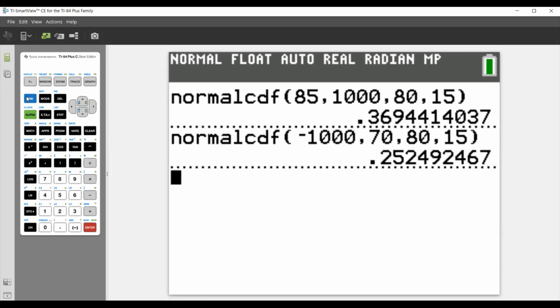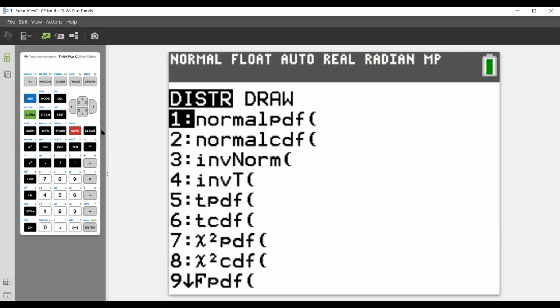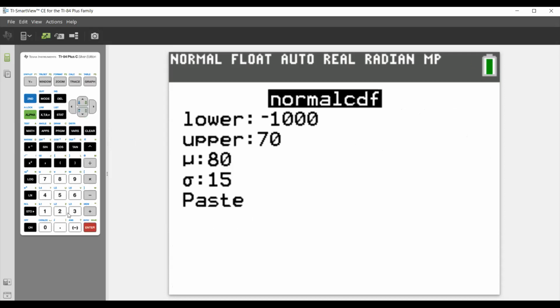Let's say we want to know the probability of somebody scoring between 90 and 65. Let's select somebody at random. What's the probability they score between those two test scores? Normal CDF. Well, between 90 and 65, 65 obviously is the lower endpoint.